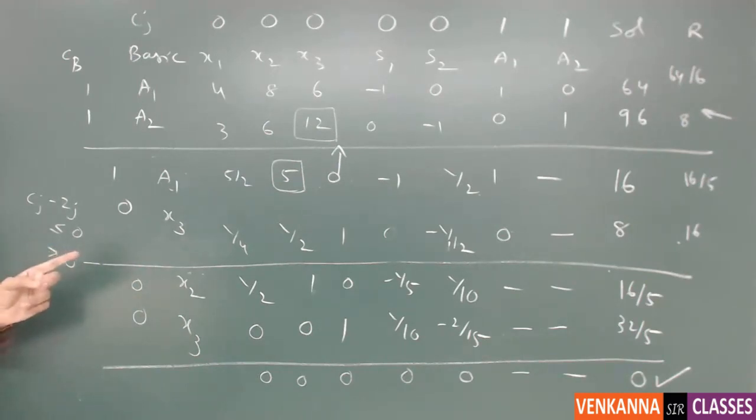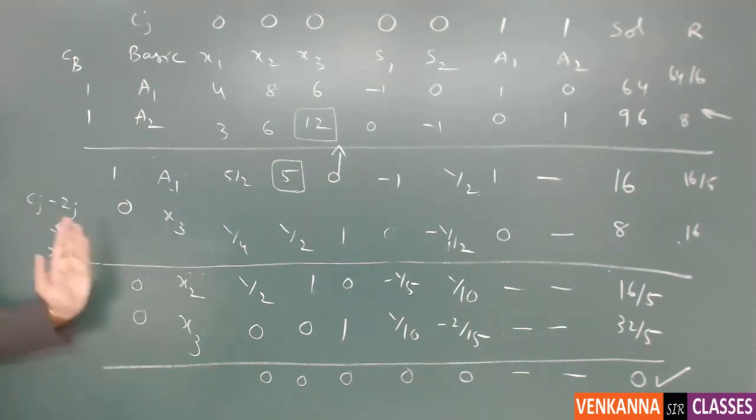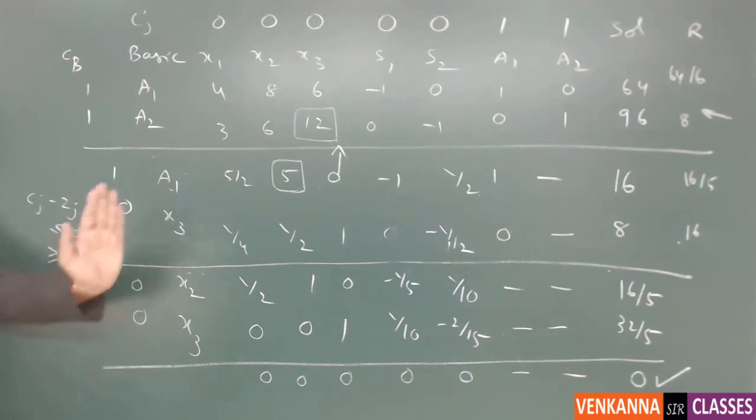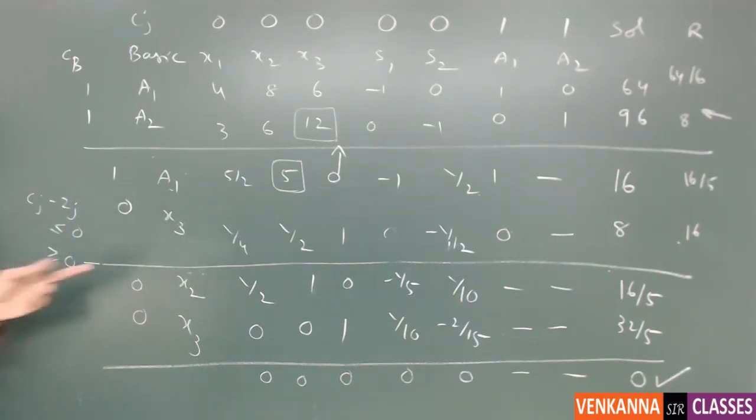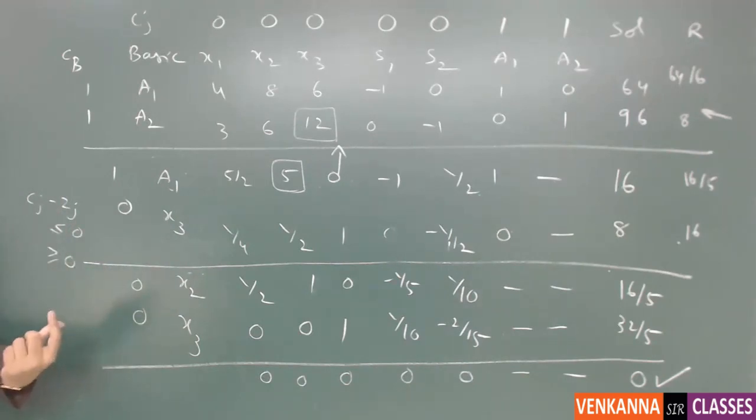If the artificial variable is not removed, then we say that the system has an infeasible solution and there is no solution at all. And one more thing: sometimes an artificial variable is present here and the objective function value is 0. In such a case, after building the next stage, we are going to get the optimal solution. So two situations arise.